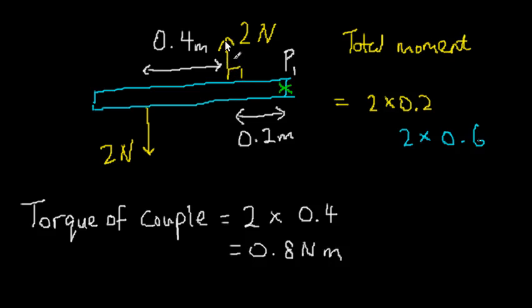So for the 2 forces, I want to decide whether I should choose clockwise or anti-clockwise as the positive. Let me write this down just so as to be very clear. I am going to choose clockwise.